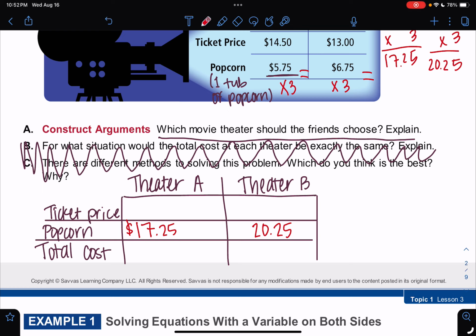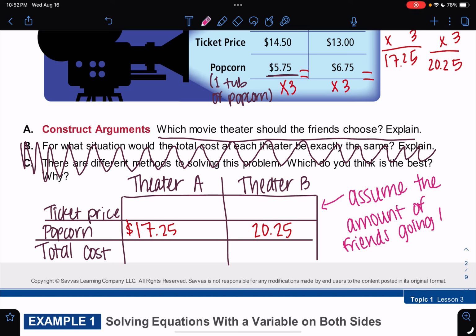Put on your paper that you must assume the amount of friends going to the movies. Let's just say we've got three, so we'll choose the amount for three people going.